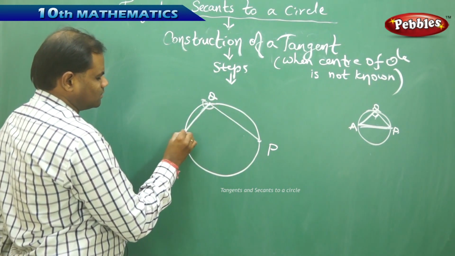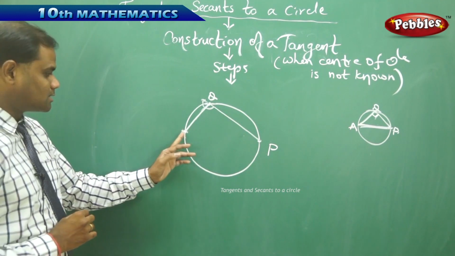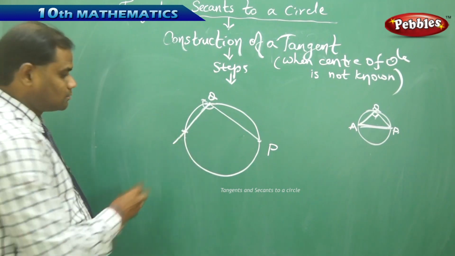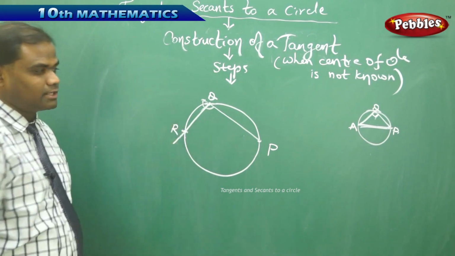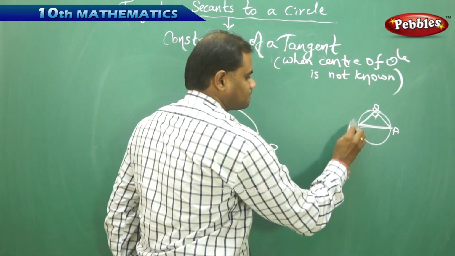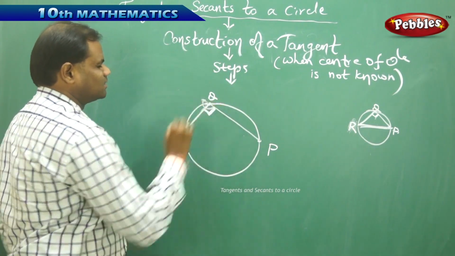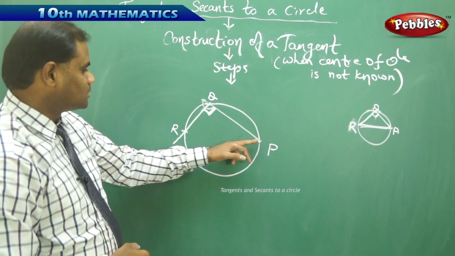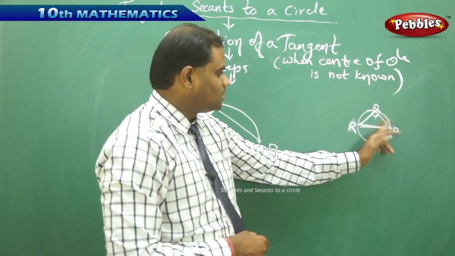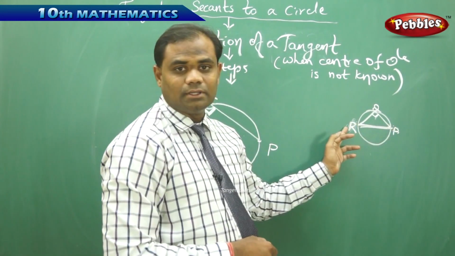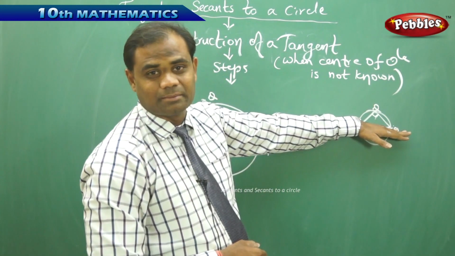When I extend this line, it tends to cut the circle at the other side, say, I take it as point R. Now I get this to be 90 using the protractor. The measurement of angle is 90. Therefore, PQR is 90 degrees. Immediately, when PQR is 90 degrees, RP tends to be the diameter, because this is the property in a semicircle.